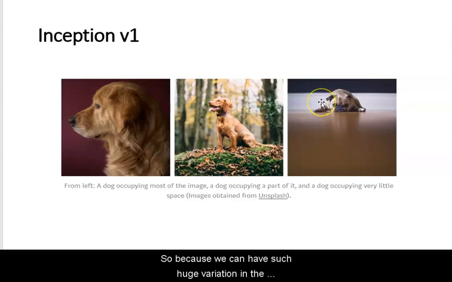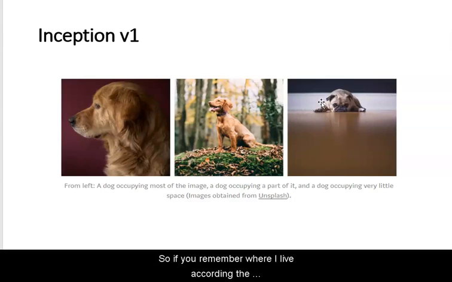Because we can have such huge variation in the location of the information, choosing the right size kernel for the convolution operation becomes very tough.